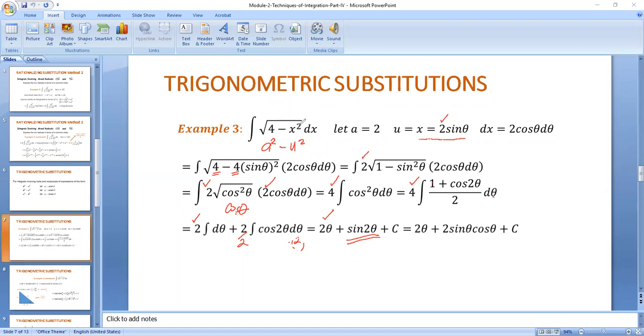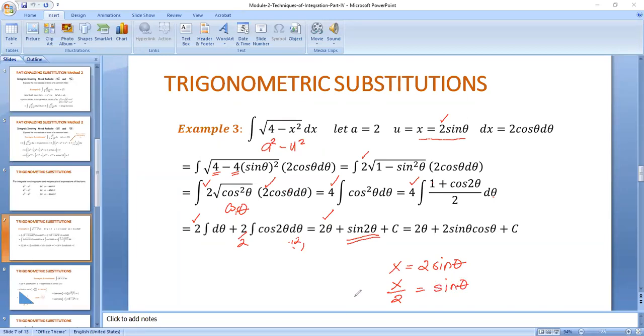However, this integral is in terms of x. Well, you have here thetas and the sine and cosine of that theta. So what will you do? Since you did trigonometric substitution in here, class, and that substitution equation is x equal to 2 sine theta, you need to construct a triangle wherein x over 2 is equal to the sine of theta.